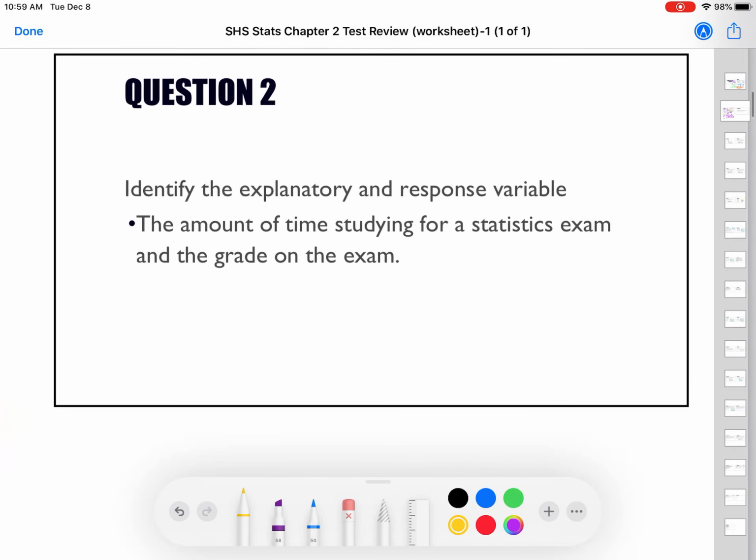Okay, question number 2. Identifying the explanatory and response variable. Remember my little trick? This one does the explains. So which one explains the other one? Well, the explanatory is the amount that you study.